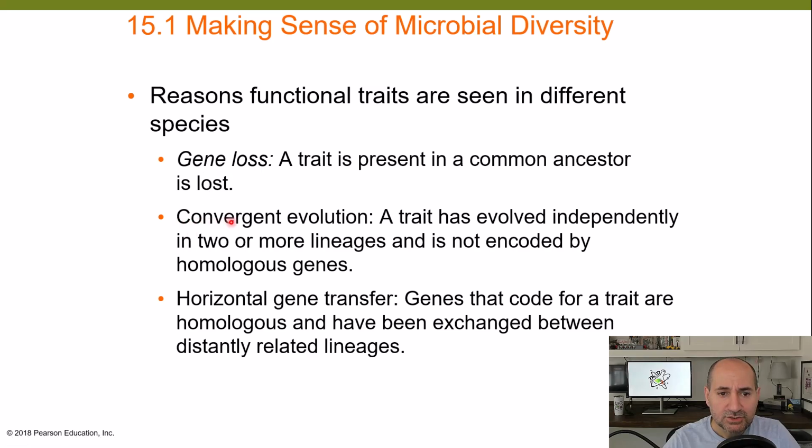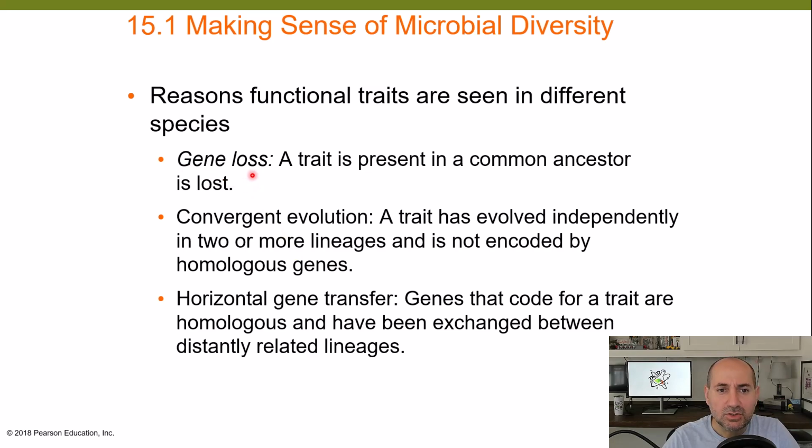Well, one major reason is convergent evolution, where a trait has evolved independently in two or more lineages, but is not encoded by homologous genes. You can think of it as the wings of a beetle versus the wings of a bird, right? They're both wings, but they evolved independently of one another. They aren't due to lineages and evolution.